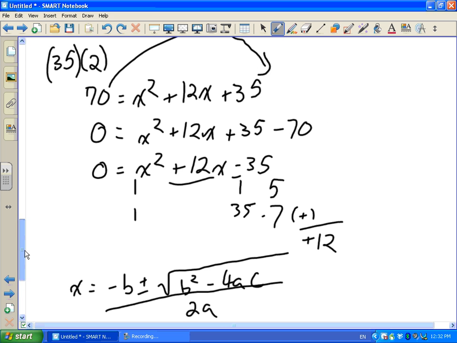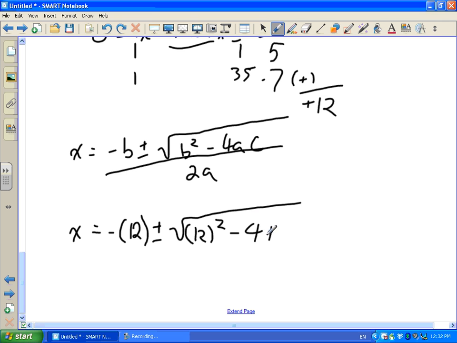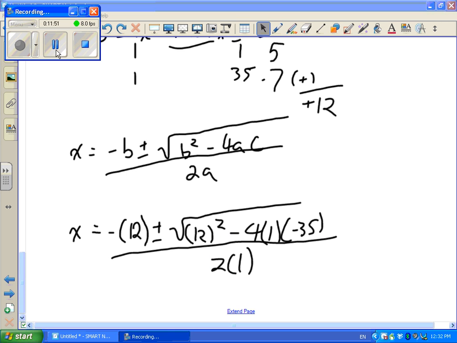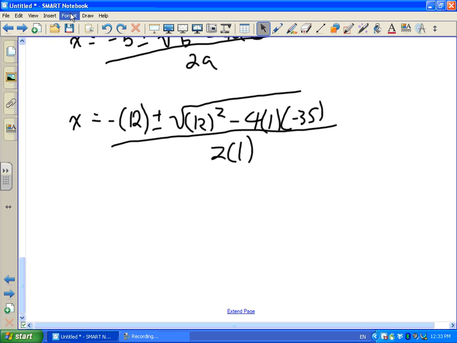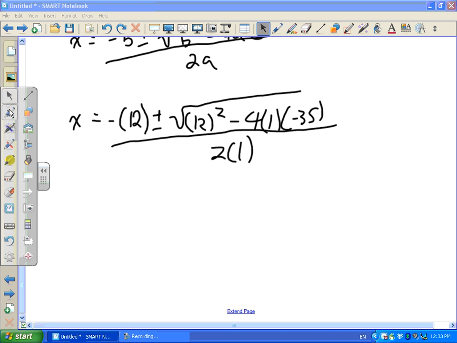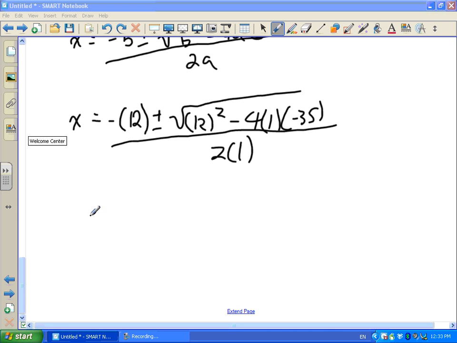Our A is 1. And our C is negative 35. We've plugged it in the quadratic formula. Let's solve. Sorry we did such a roundabout way earlier.